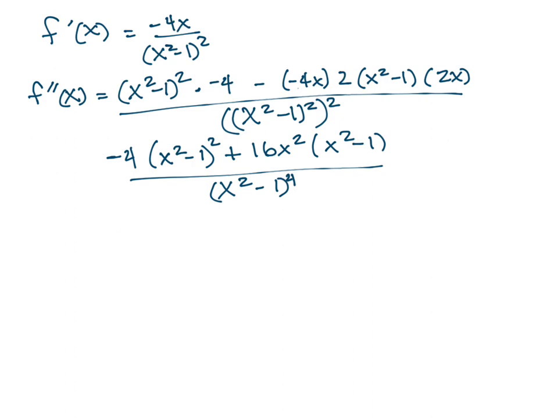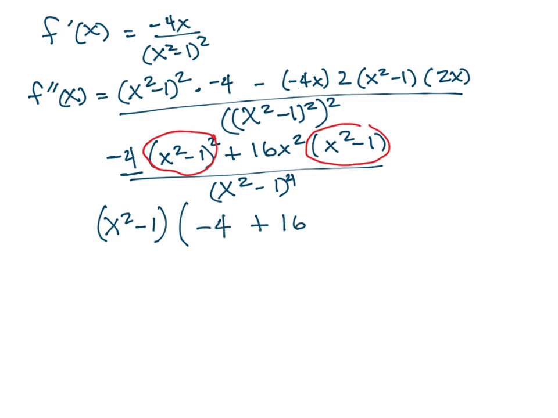So I'm going to pull that x squared minus 1 because I can see it here and here. Both terms have at least 1. So I'm pulling that to the very front. What that leaves me in my first term is negative 4 plus 16x squared, period.